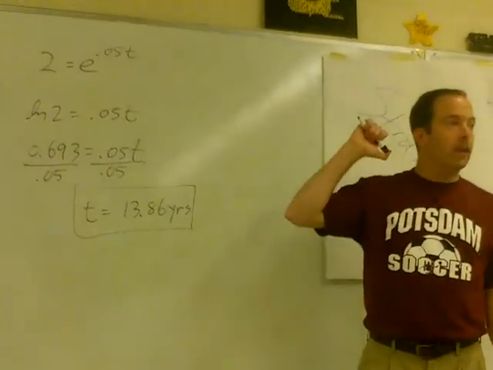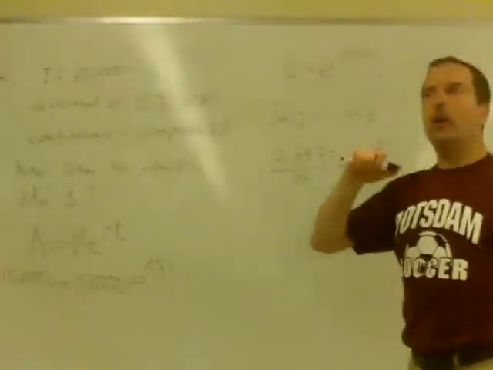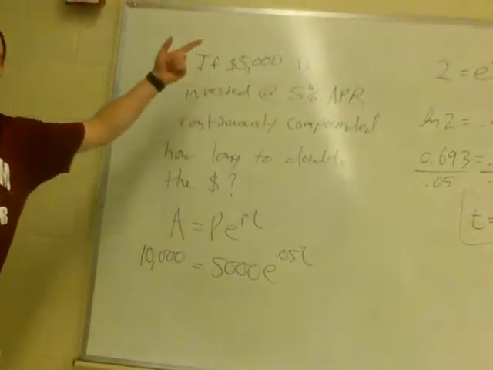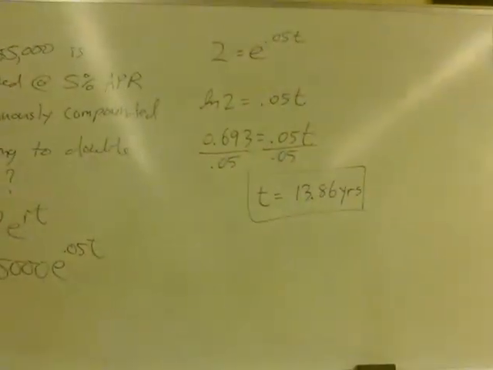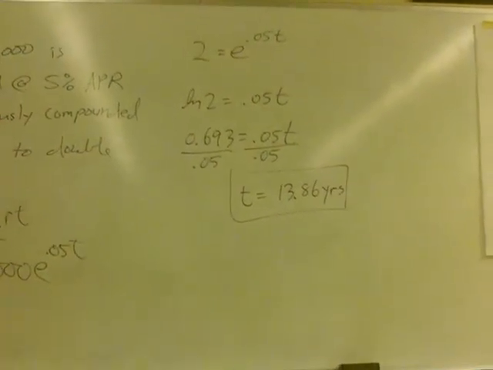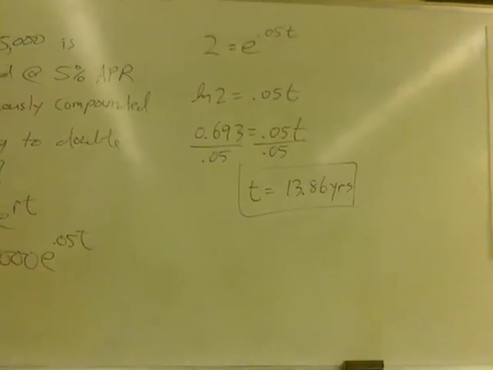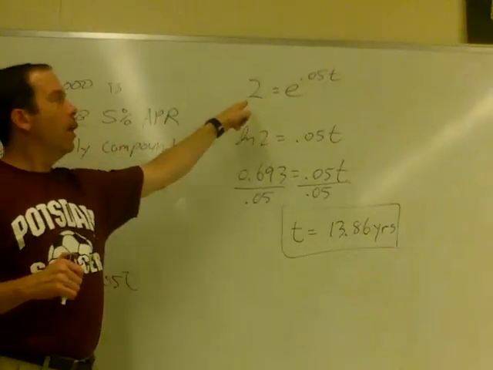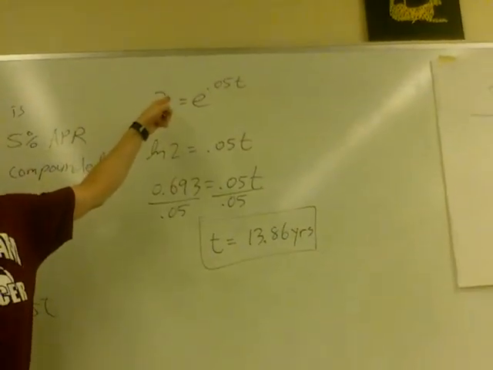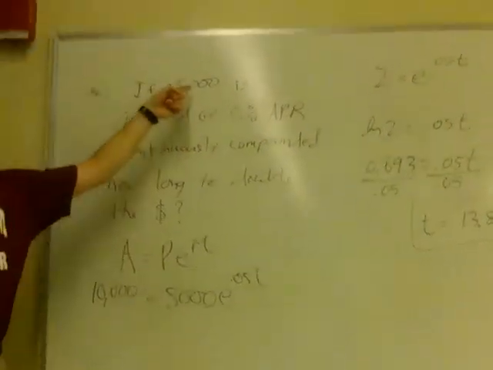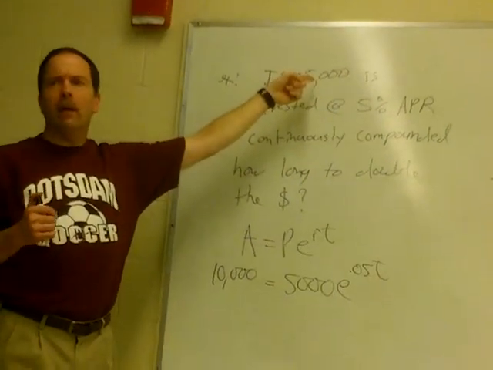All right, questions on this? So if I asked you to triple your money, what would you do differently? You'd put 15,000 here instead, which would end up with a 3 over here. So really $5,000 isn't even essential information.